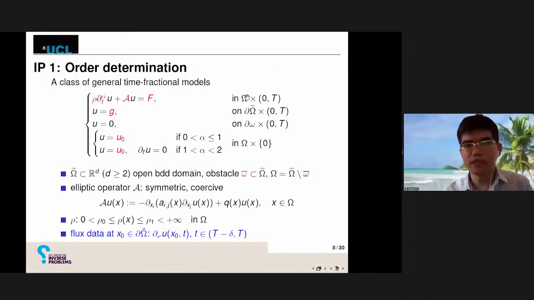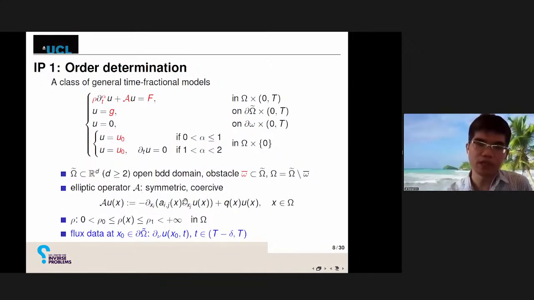And for the domain, we also assume that it's not fully known. We assume that this domain actually has two parts. We have the bigger domain, tilde omega, and inside there's some obstacle, which we do not know. And for this A, even though we do not know what this elliptic operator is, we assume that it should be the usual second order elliptic operator.